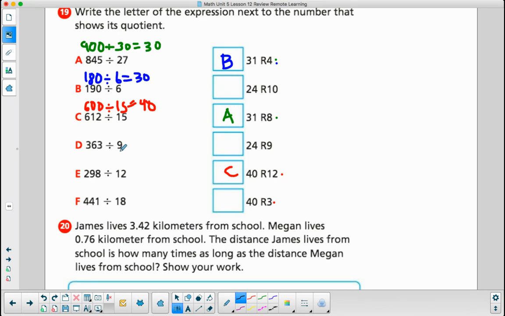363 divided by 9. Well, 9 is easy to divide by. It's a basic fact. 36 is a multiple of 9. So I'm just going to keep the 36 tens the same and just change the ones to 0, because that is easy division.